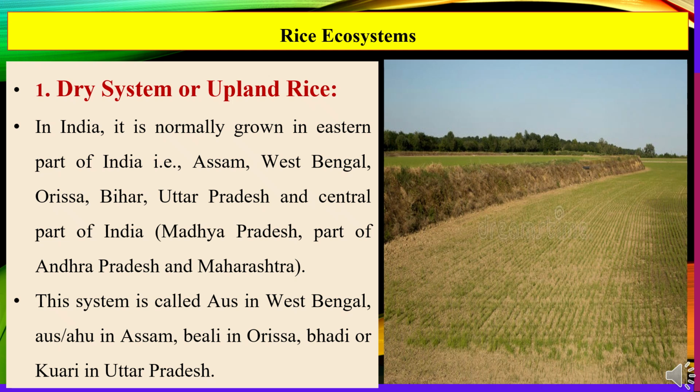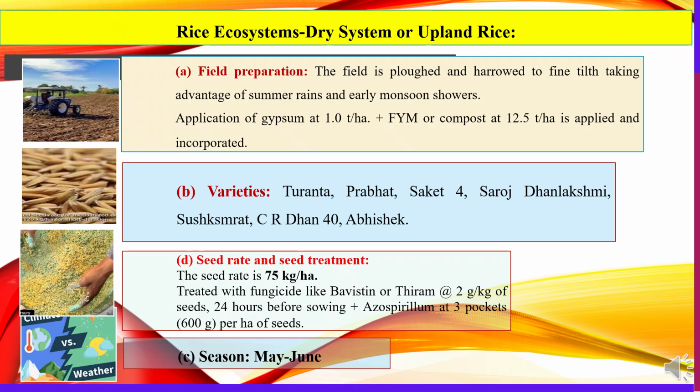Locally, it is known by different names: Aus in West Bengal, Aus or Ahu in Assam, Biali in Odisha, and Paddy or Kwari in Uttar Pradesh, and is typically sown before or at the onset of monsoon, using early maturing, drought-tolerant varieties. Field preparation.